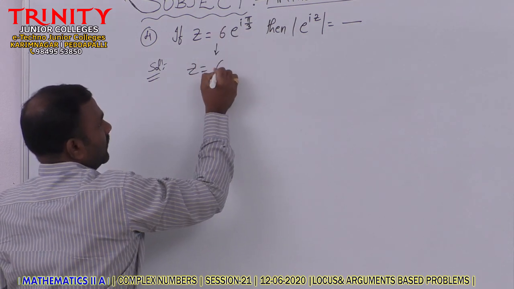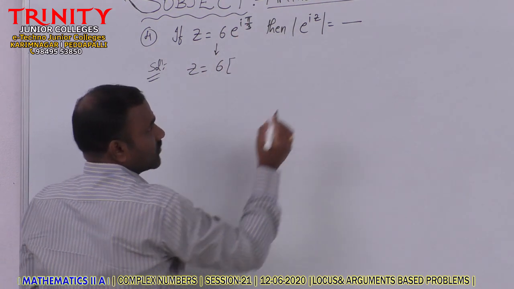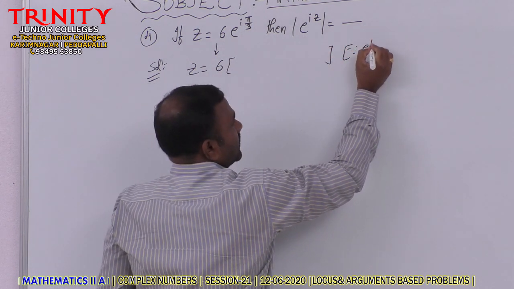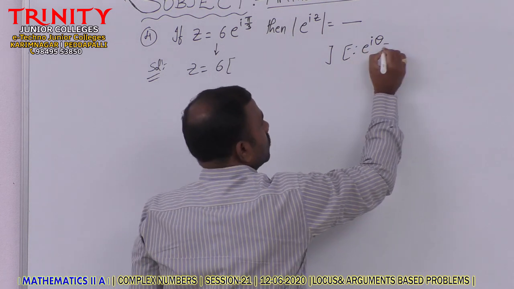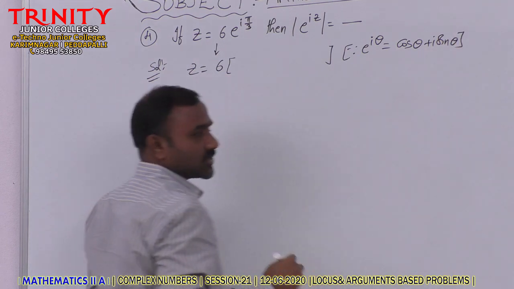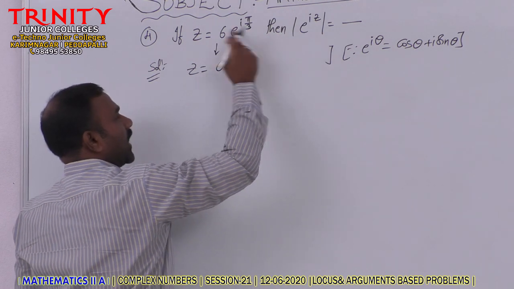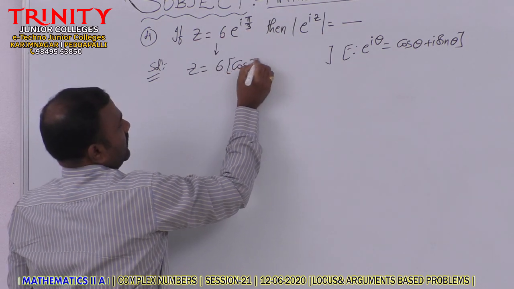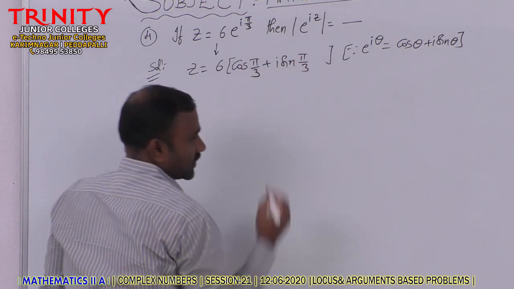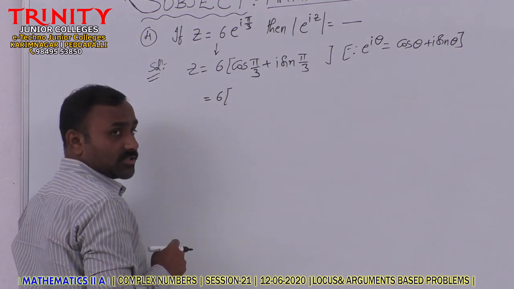How can we change this one? 6 into e power i pi by 3. Can I write it by using Euler's form? What is the Euler's form of a complex number? It says e power i theta is equal to cos theta plus i sin theta. According to Euler's form, e power i theta can be expressed as cos pi by 3 plus i sin pi by 3. 6 into cos pi by 3, that is nothing but cos 60 degrees.